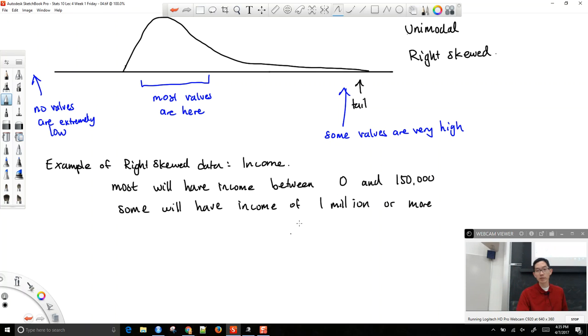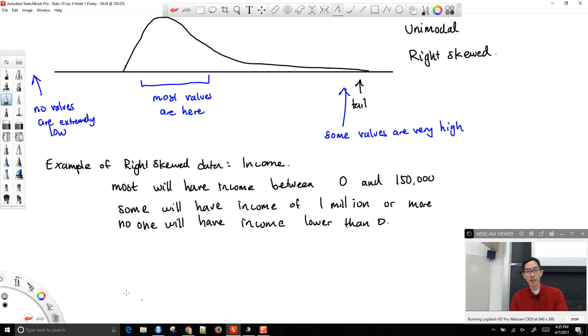But no one will have income lower than 0. So you can't go that way, right?